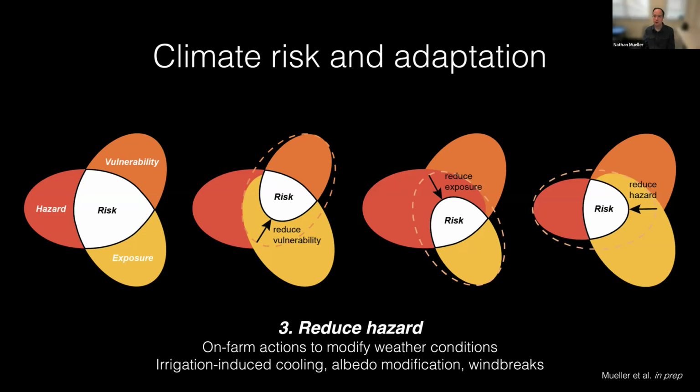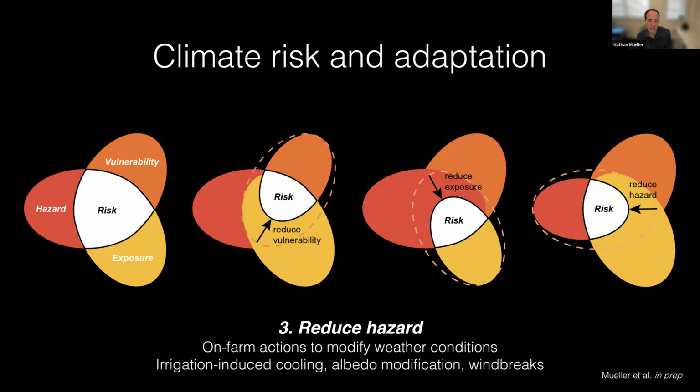And then lastly, this is maybe a little bit more out of the box, but there are some actions that we can take within agricultural systems that serve to reduce hazards. Usually we think about the hazards just being influenced by weather variability or climate change. But there are things that we do on farms that modify weather conditions. One canonical example might be irrigation.